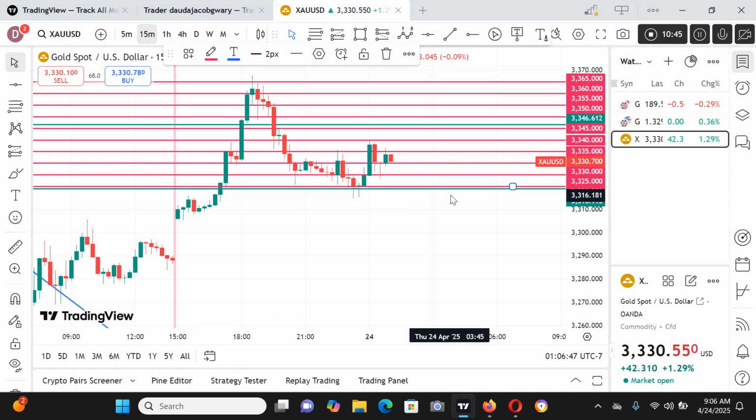So this is the simple way of plotting psychological levels on gold. It's as simple as this. Understanding these psychological levels can help you as a trader to anticipate potential market movement and make more informed trading decisions.